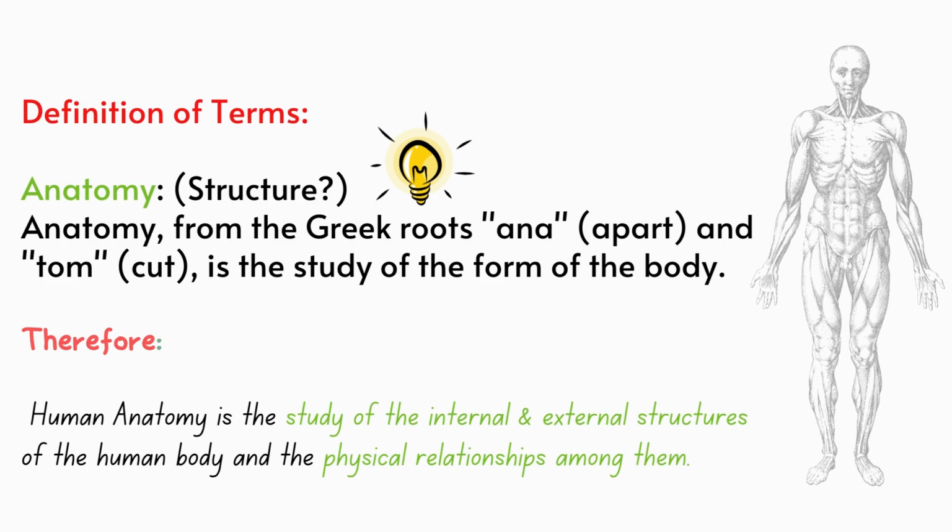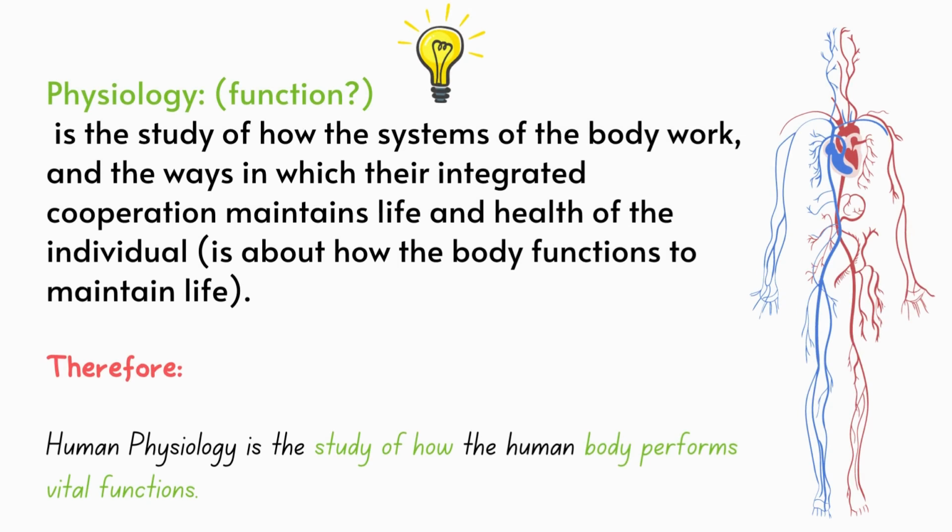So let us look at the other definition, and that is human physiology. In as much as anatomy focuses on the structure, physiology on the other hand looks at the function. Physiology is the study of how the systems of the body work, and it looks at the way in which they integrate their cooperation in order to maintain life.